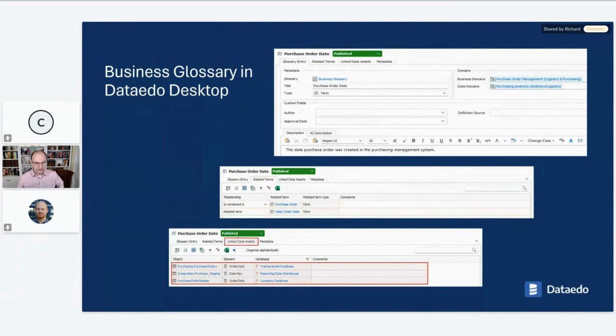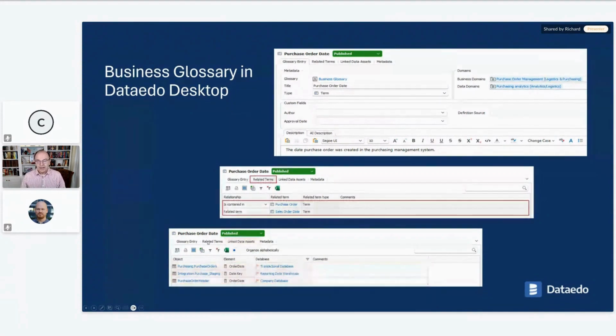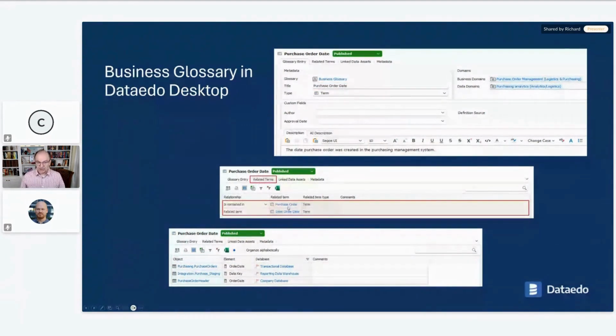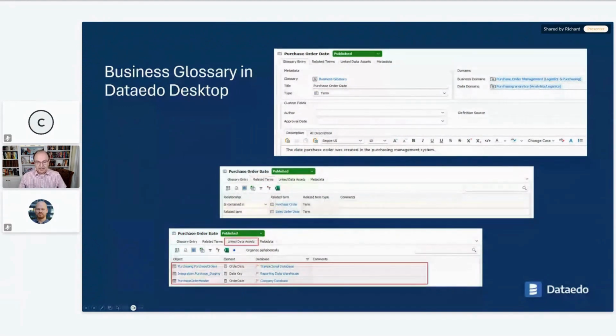Down here at the bottom, we're looking at linked data assets. This is where we see that the concept of purchase order date is represented by data in these databases. It's in these tables, in these columns. So you see what we have here is we have the term, its accepted definition, its relationships to other terms in the glossary, and an understanding of where that data resides in our data systems.